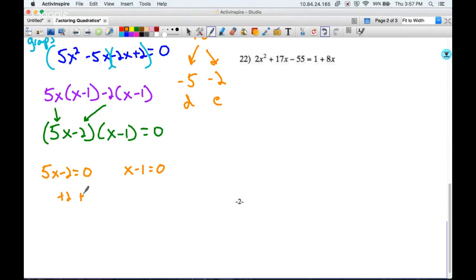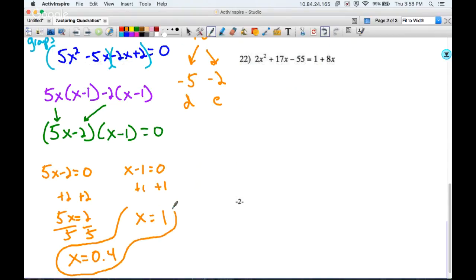I'm going to add 2 to both sides, 5x equals 2, divide by 5, divide by 5. X equals 0.4, and over here I'll just add 1 to both sides. X equals 1. So these are both valid solutions for that problem there.